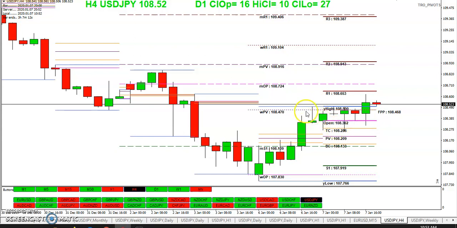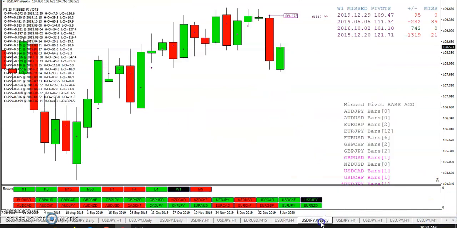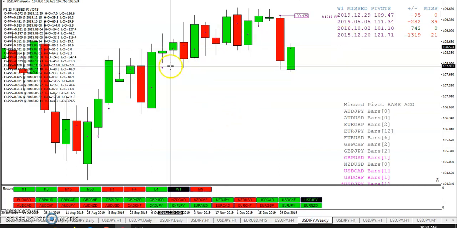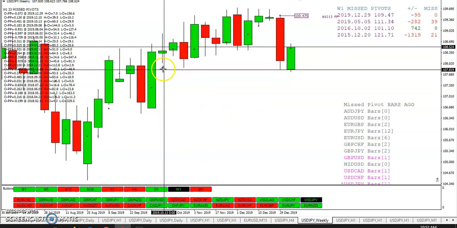So nice move to take out that weekly pivot. Those weekly pivot trades are once again just statistical trades, nothing fancy. So we took out that weekly pivot, and you can see how many times we've missed that weekly pivot since the year 2015. Now remember, boys and girls, sometimes it might take a while to take out a missed pivot.